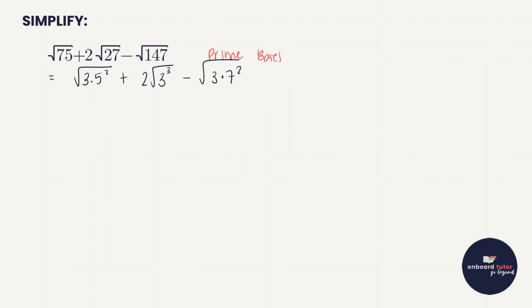Now, wherever I have a squared number, I'm allowed to take it out of the root sign, because remember, a square and a square root cancel each other out, so that will move out. This 2 multiplied by 3 cubed is essentially going to be something that I can divide up into 3 squared and then a 3 that's left over, which means I can take one of these 3's out.